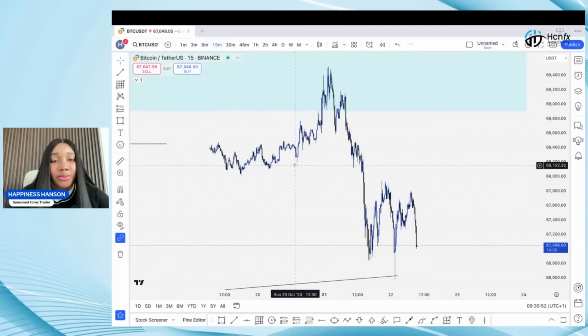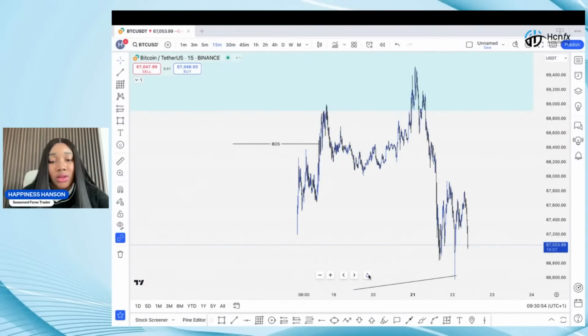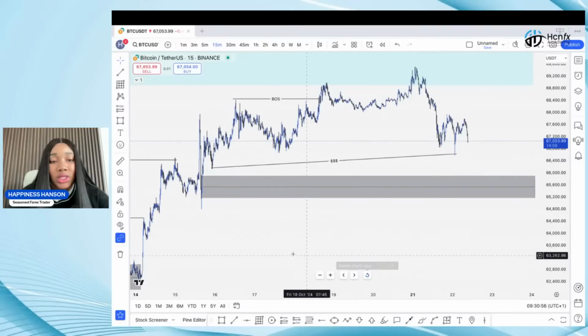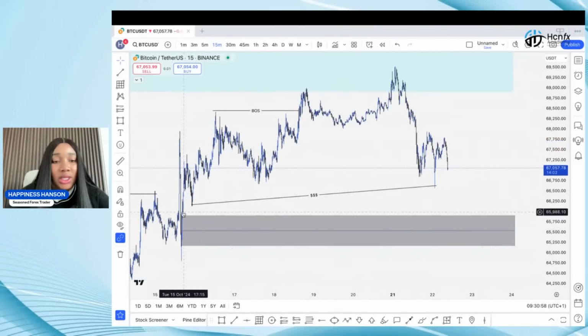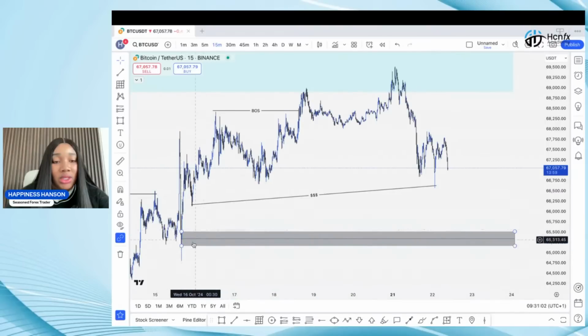Let's view from 30 minutes. So since the higher time frame has stated that the market is bullish, I think we should just align with the bullish trend.